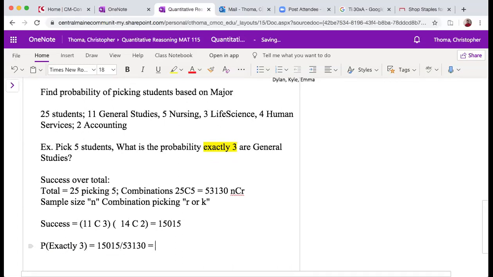You should get 0.283, by just a rounding. Which is, I should use the approximate sign, not equals, but that's 28.3%. So there's a 28.3% chance that using counting, I can get exactly 3 students that are general studies.